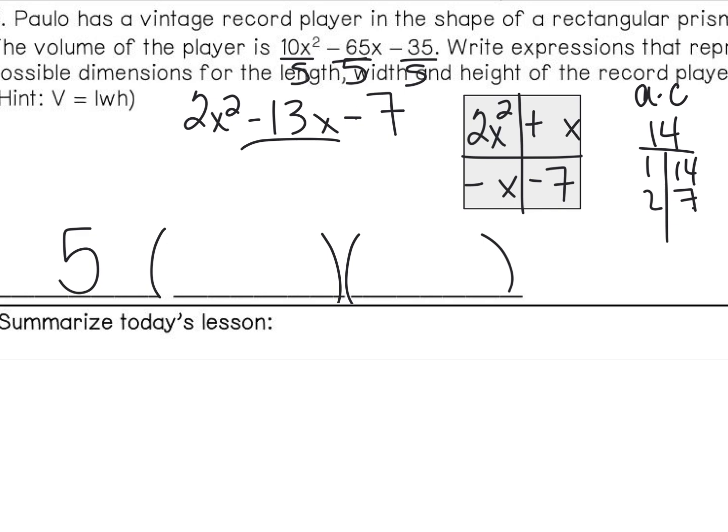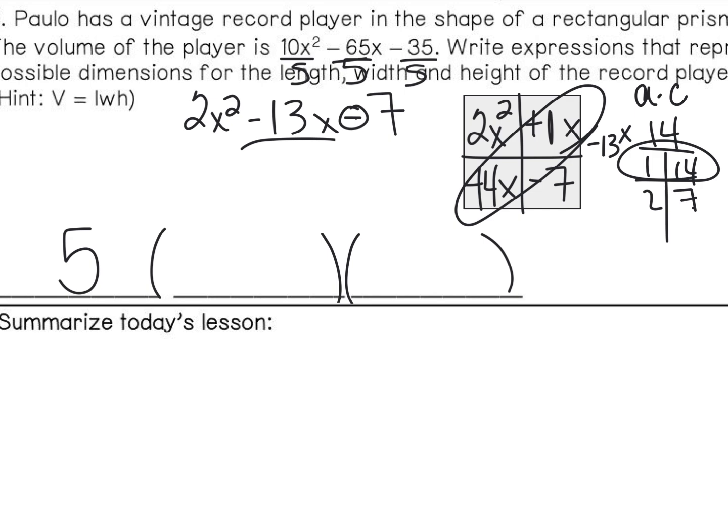We're subtracting because they're different signs. So which of those do we subtract to get 13? 1 and 14. Pay attention to your signs. Which one is a negative for us to get a negative 13? 14. So we have negative 14 and a positive 1. That's going to make this diagonal negative 13.